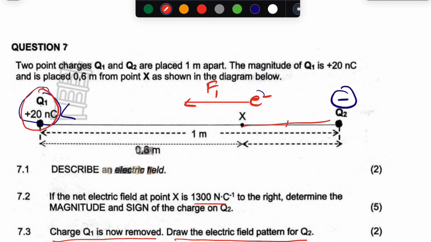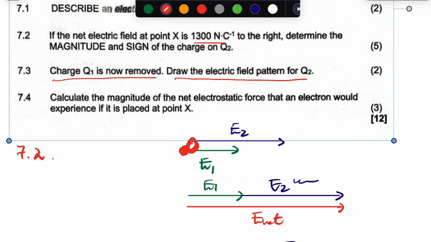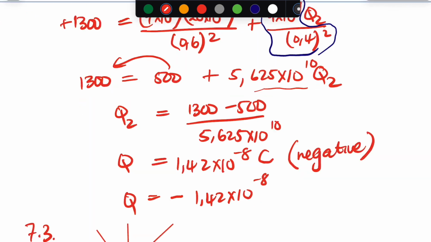And then from Q2, this one will repel the electron in that direction. It has to be bigger. So this is F2. And this one will attract it. So the net electrostatic force is going to go to the right.